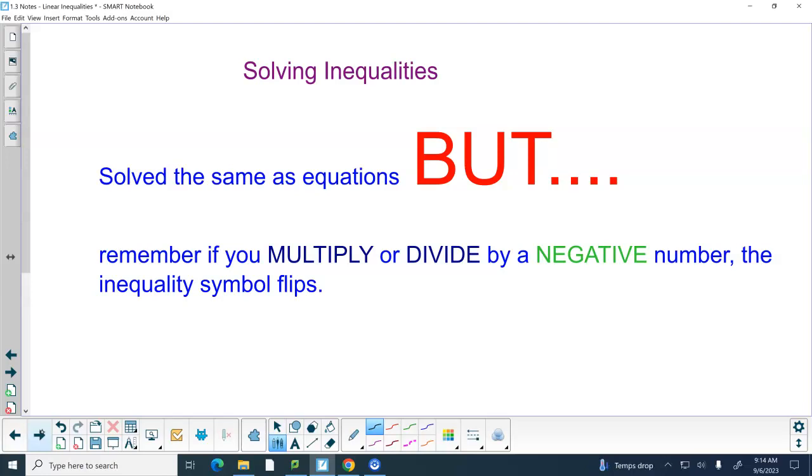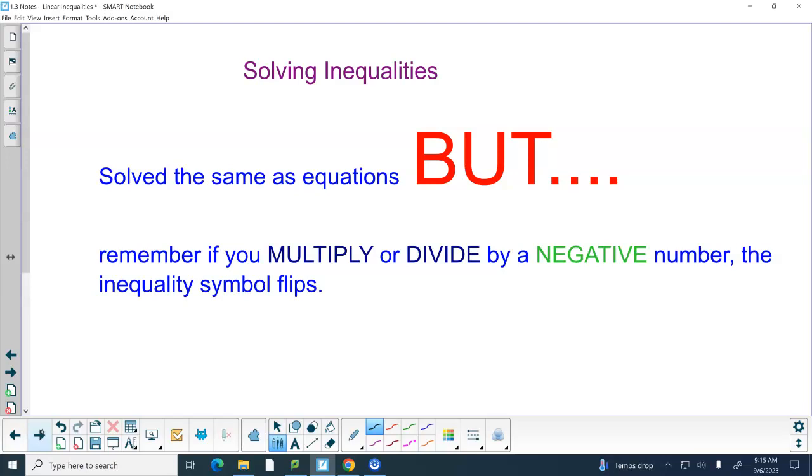If you divide by 78 million, nothing changes. But if we're multiplying or dividing by a negative number, that inequality, if it was opening to the right, now becomes opening to the left, and vice versa. That inequality flips anytime we multiply or divide, not add or subtract.